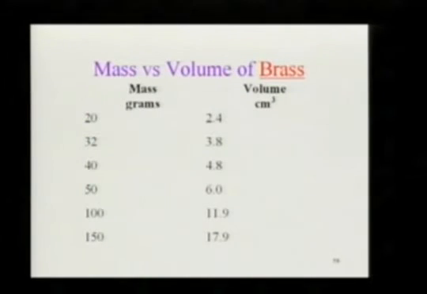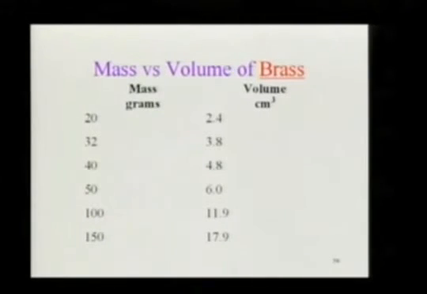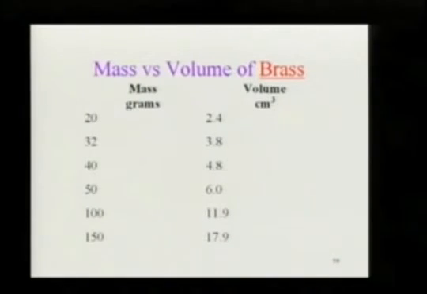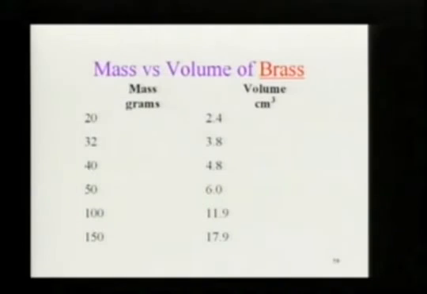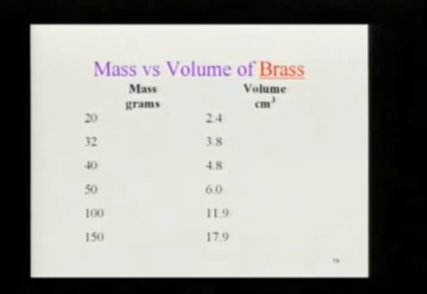All right. So here's an example, an illustration. Let's say we have brass. Brass is an alloy made of zinc and copper. We'll talk about those types of things later in the semester. But if I have certain samples of brass, and let's say they're cubes, because of cubic centimeters, that way they're easy to measure.